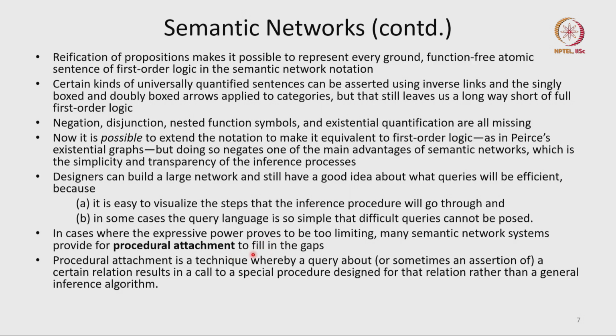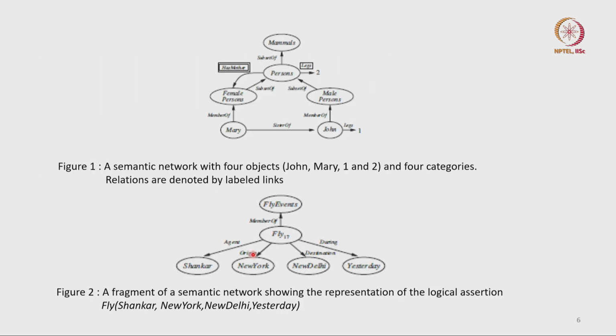Now, to improve the expressive power of the semantic network, they actually use what are called procedures. For example, if you are talking about Mary and you want to know the weight of Mary, you can have a procedure which says if needed, or in some cases where it is possible, it will get you the weight of that, or any other procedure can be there.